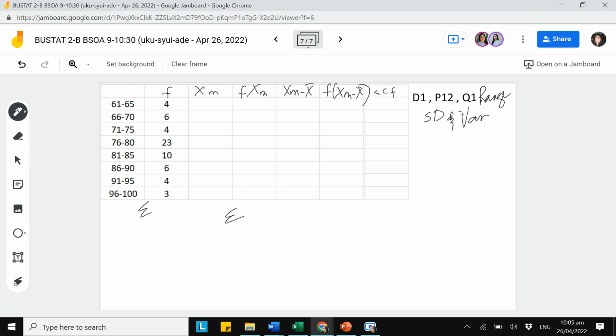Okay? And then Jaya, ikaw naman ang magko-compute ng f times xm minus the mean. And then Salvilia will be doing the cumulative frequency. Dultra will be doing D1. Pasaporte will be doing P12. Sarmiento will be doing Q1. Saktong-sakto. Bizarre si Range, SD kay Emilia, and then Lacson will be variance.